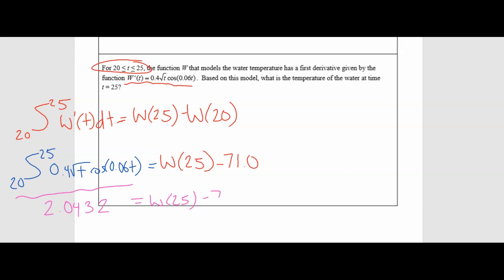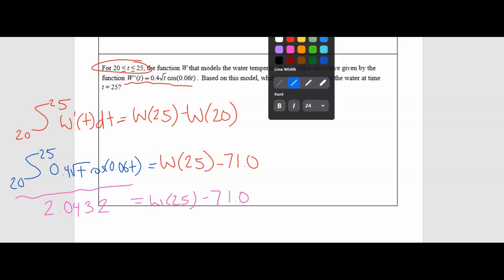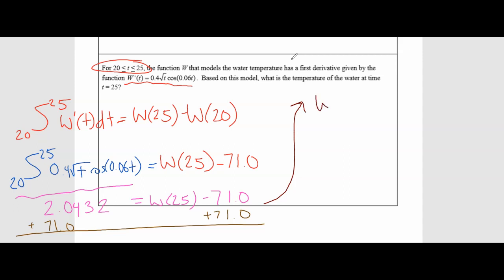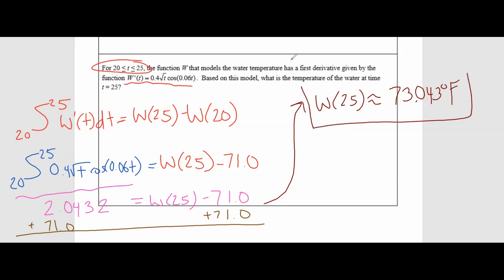And I think it's pretty clear to see how we're going to finish this off. So I end up getting w of 25 is approximately equal to 73.043 degrees Fahrenheit.